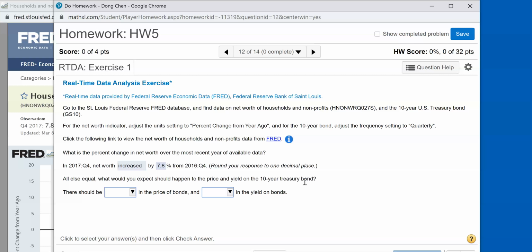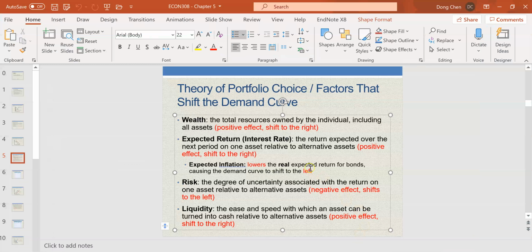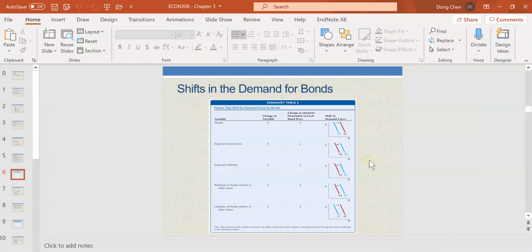We learned the asset market model, in which a number of factors determine the demand for the bond. One of the factors is wealth. That's basically the variable here, the net worth. So if wealth goes up based on our observation here, then that should shift the downward sloping demand curve to the right.